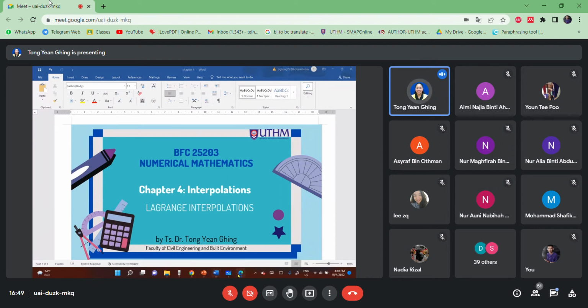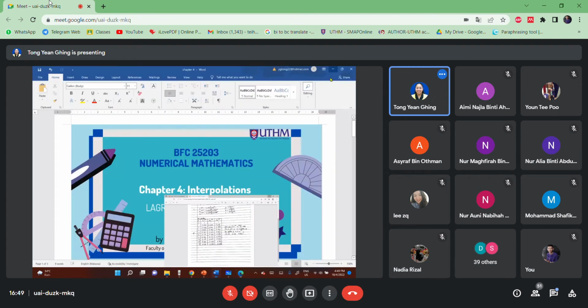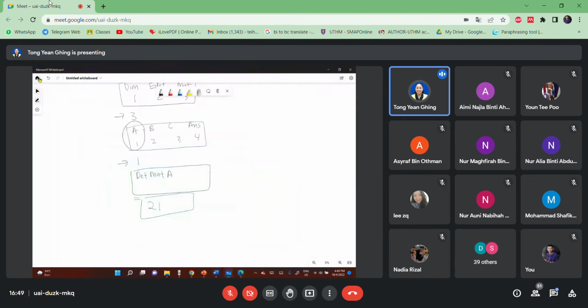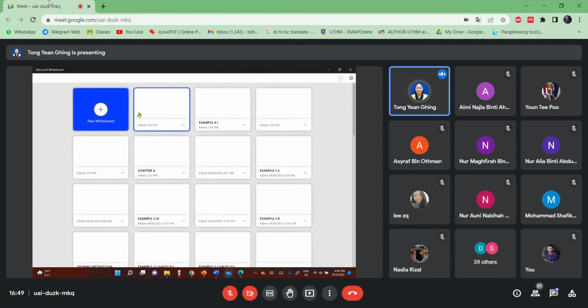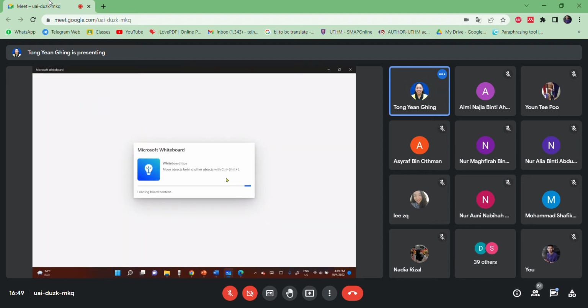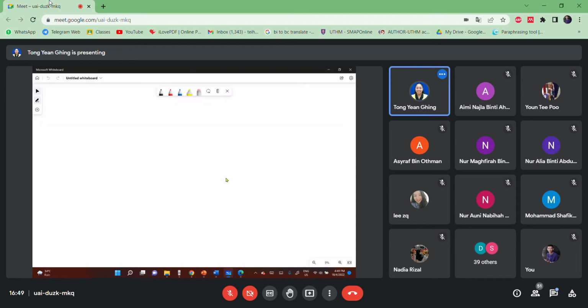Before that, I will just explain the interpolation first. This chapter 4, interpolation.